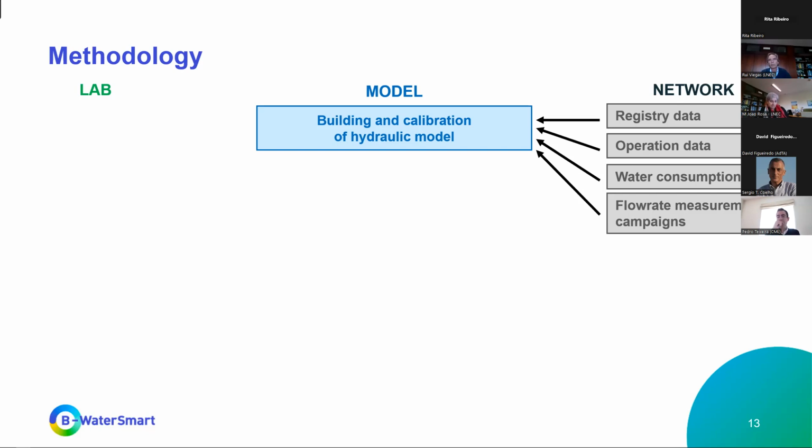We must know the operation data of the network, how it is operated. We must have the water consumption data for the network, and if needed, we should calibrate the hydraulic model with flow rate measurement campaigns.